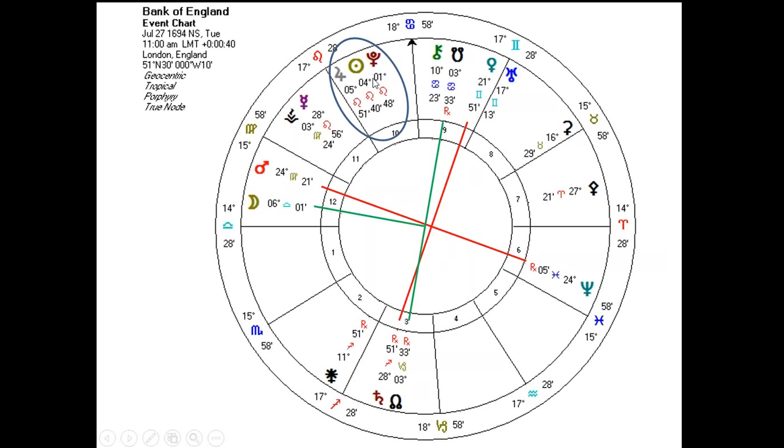Now, look at this Bank of England right here. All the Leonian stuff, and if it was in the morning sometime, 10th house Leo, the power. The Bank of England has been behind the scenes quite a bit. It was nationalized in 1946, and then it was privatized again back in 1998. So it is back into the control of the financial elite.